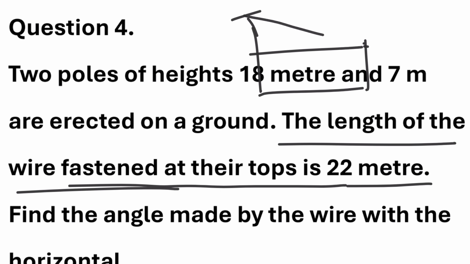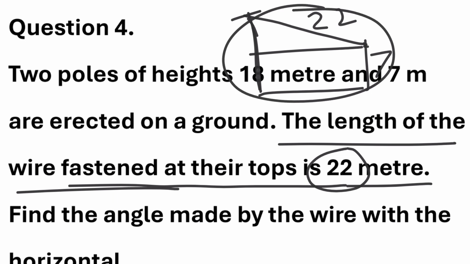The wire is fastened at the top of these two poles. The length of the wire is 22 meter. Okay. Now the smaller pole height is 7 meter and this bigger pole height is 18 meter. I will tell you afterwards about this figure.